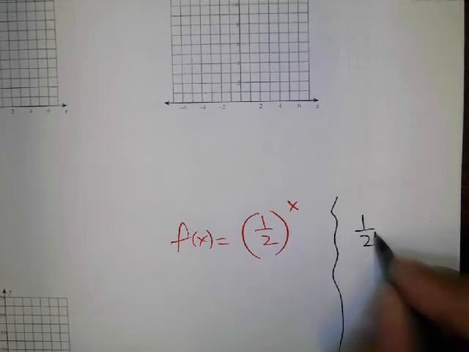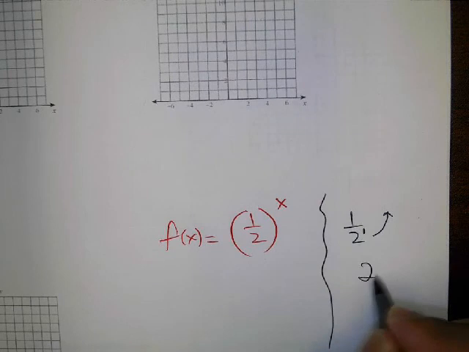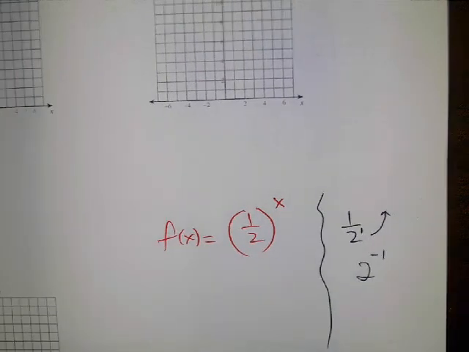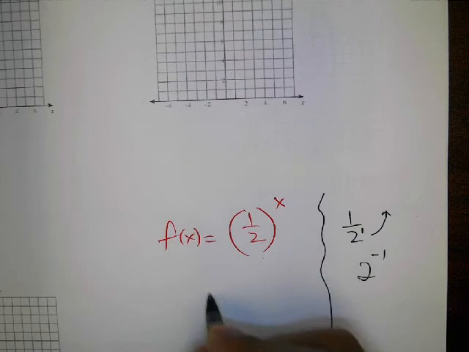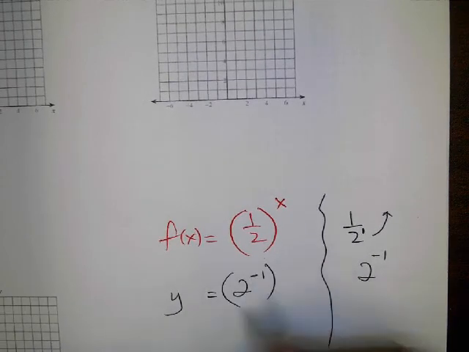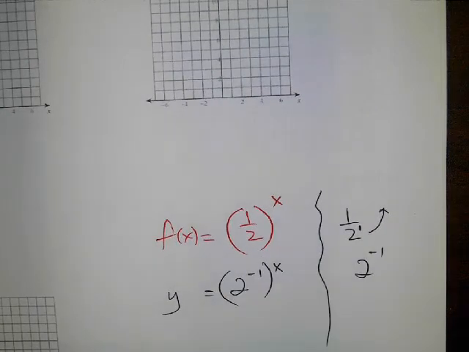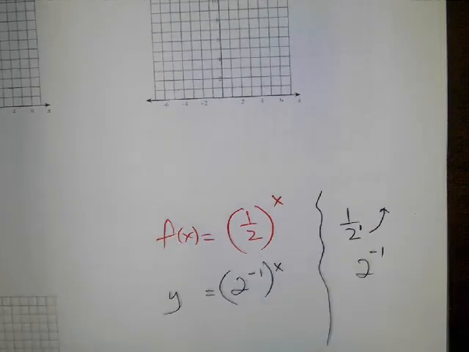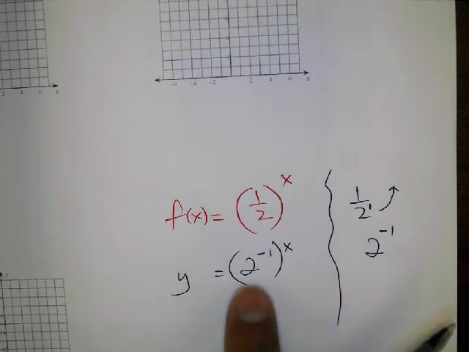Remember, I don't want 1/2. 1/2 I can change to 2 to the power of 1, and then when you move that up, isn't that 2 to the power of negative 1? So really, this is y is equal to 2 to the power of negative 1, with an x. When you have a power to a power, you multiply.